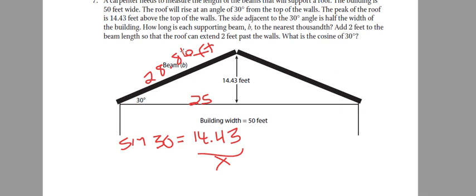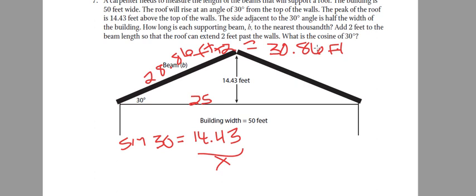But then it tells me that I need to add 2 feet to the beam length, so it can extend 2 feet past the walls. So if I add 2 there, it means that each one of the beams has to be 30.86 feet.